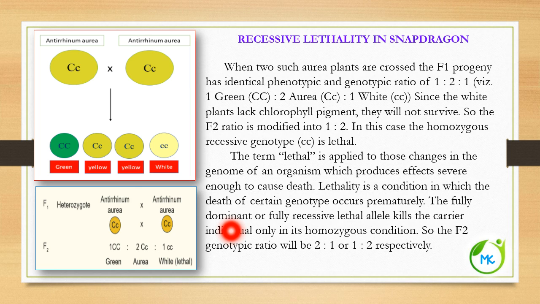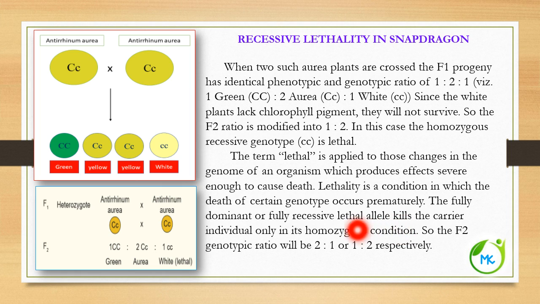A fully dominant or fully recessive lethal allele kills the carrier individual only in its homozygous condition. That is, if one small c is found, it cannot lead to death because one dominant allele, capital C, is there, so it will not lead to the death of the individual.